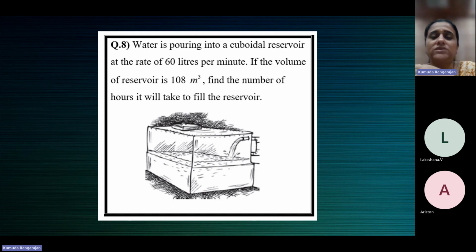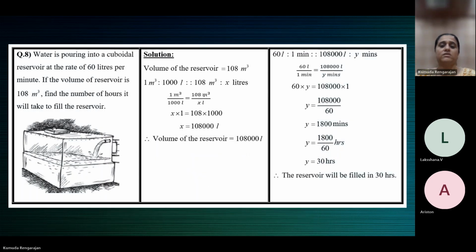So have both in the same unit. Convert 108 meter cube also to liters. Then it's easy to answer the question. I've worked in detail so that you understand. Once you understand, you can reduce the number of steps shown here.